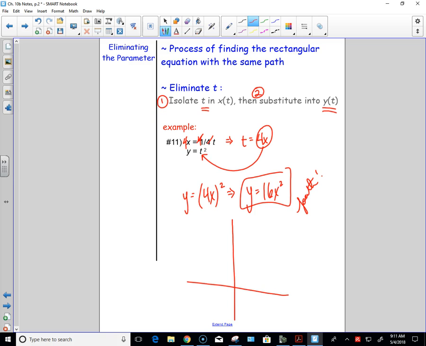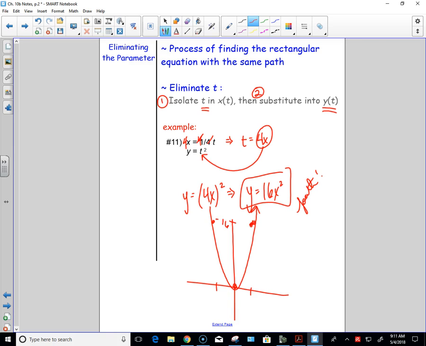So I have my 0, 0. I would have my 1, 16. I would have my negative 1, 16. I would know my path. Now, if I wanted to know where something was on this path after t equals 1 or t equals 2 or t equals 3, we would need to go back to parametric. But for the path itself, there it is.